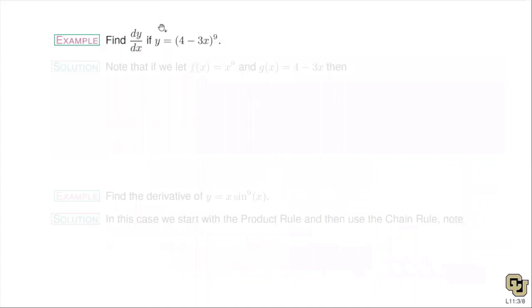So here, it says find d by dx of the function y equals (4 minus 3x) to the 9th. What I want you to notice is, number one, this is a derivative problem, not a limit problem, not an integration problem. Number two, we're trying to find the derivative of a function. And when you look at (4 minus 3x) to the 9th, I want you to think that's a composition.